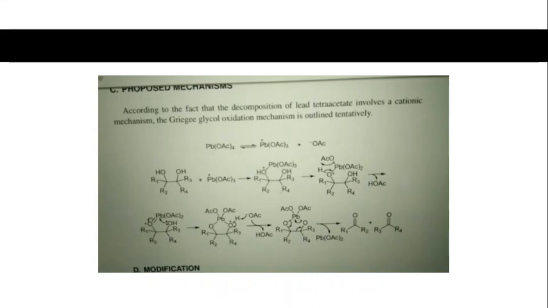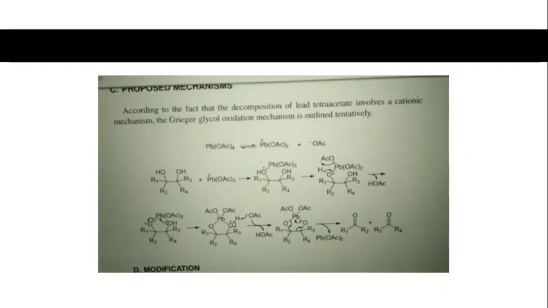So you can see that KMnO4 and osmium tetroxide were the ones that produce the diol, and finally periodic acid HIO4 and lead tetraacetate are the ones that can cleave the diol resulting from osmium tetroxide and KMnO4.